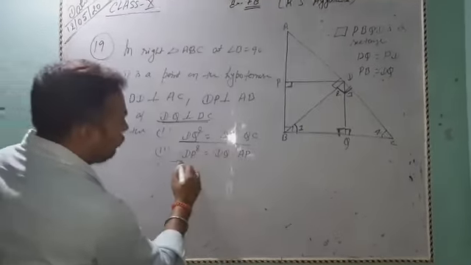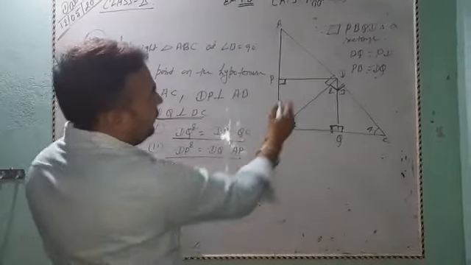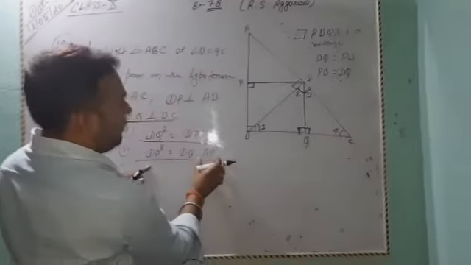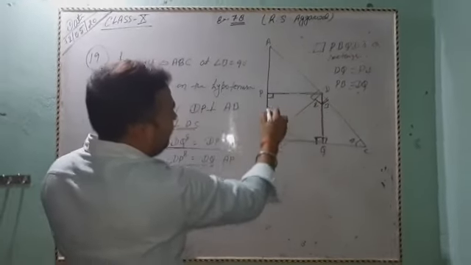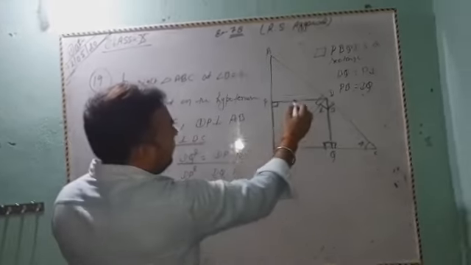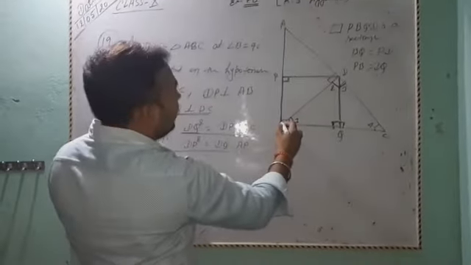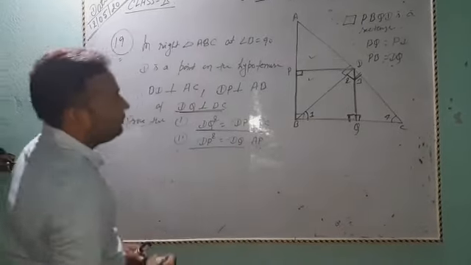Next, second question: DP square equal to DQ into AP. For DP, DQ and AP, we consider these sides in both triangles.